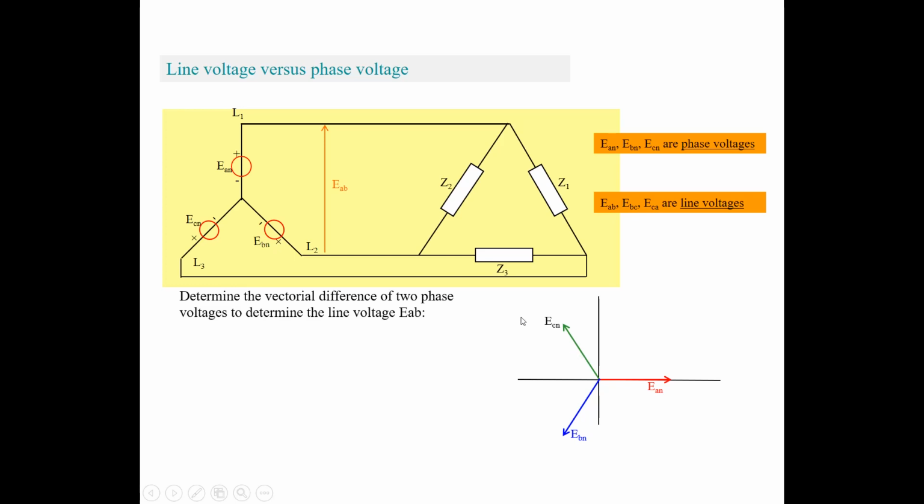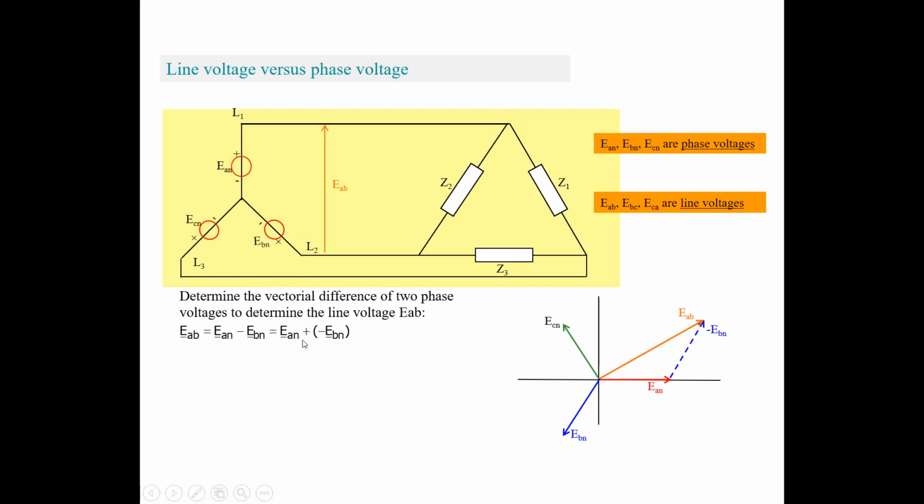And now we are going to construct the line voltage EAB, and we are going to do that by subtracting EBN from EAN. But subtracting a vector EBN is also equal to adding the opposite vector. So we can say EAB is EAN minus EBN, so this voltage minus that voltage.